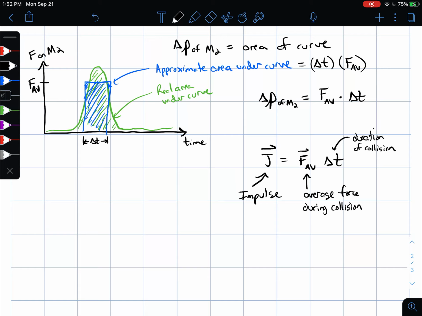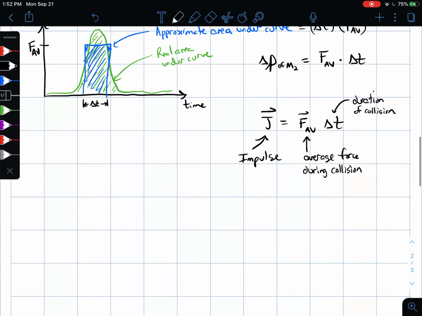All right? Impulse is a very commonly used term and variable. But really what you need to know is that the impulse is really just the change in momentum. Okay? The momentum afterwards minus the momentum initially. Again, this is the way the book writes it, and so we'll stick with this. All right?